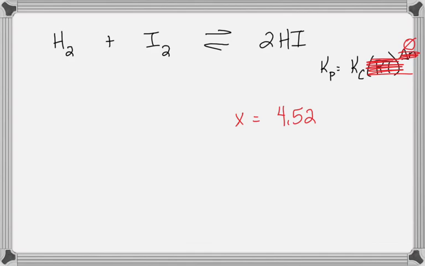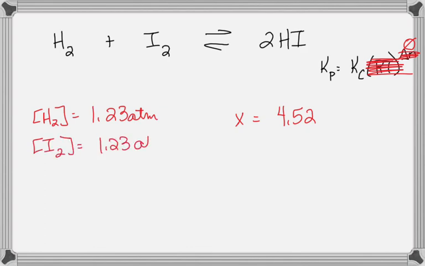That means the equilibrium concentration of hydrogen, because I'm going to have to subtract it, is going to be 1.23 atmospheres. The equilibrium concentration of iodine is also going to be 1.23 atmospheres. And the equilibrium concentration of HI is going to be 2 times X. So it should be 9.04 atmospheres.